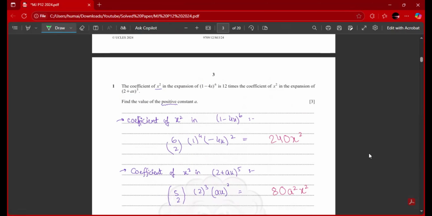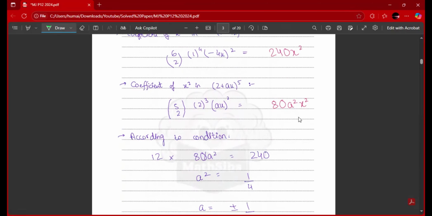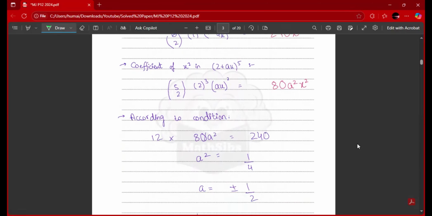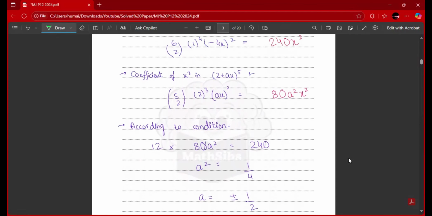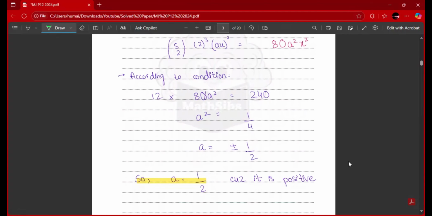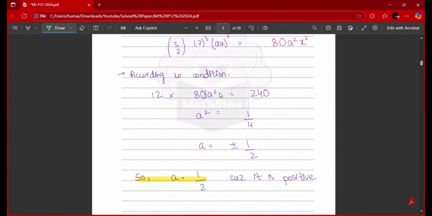So we put this condition: 12 times 80a squared should be equal to 240. Because we are just talking about coefficients, we are not writing x squared. You can write x squared, but they'll just cancel out. If I write x squared here and x squared here as well, we'll just cancel it out, so there's no point in writing it.